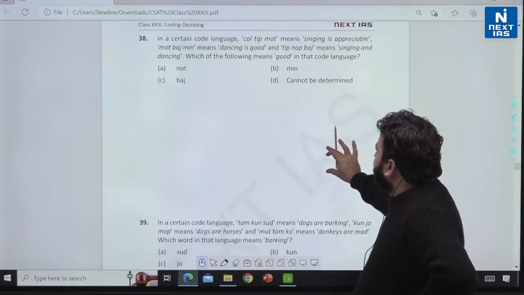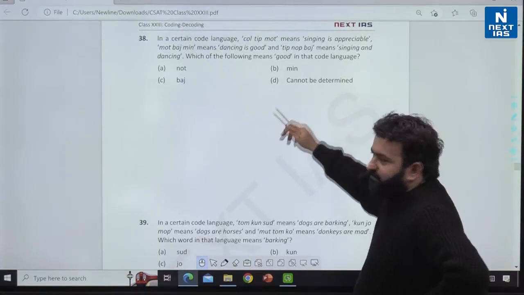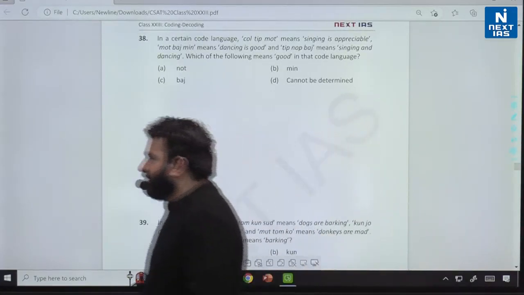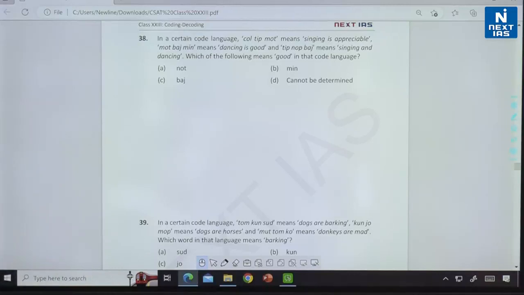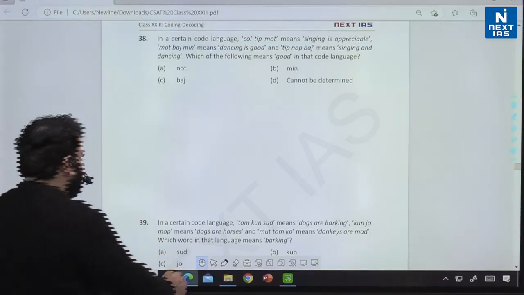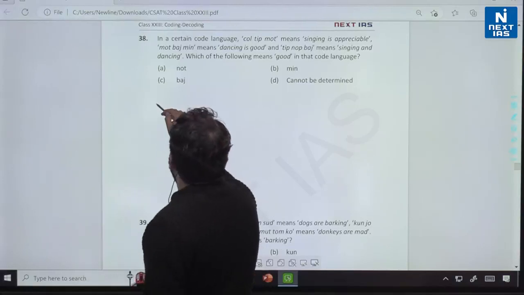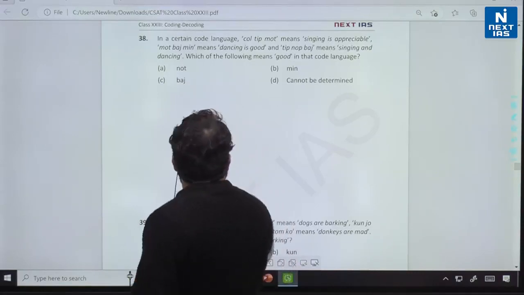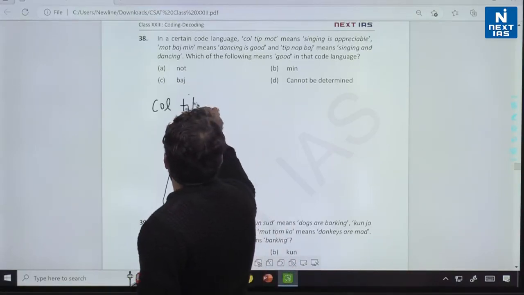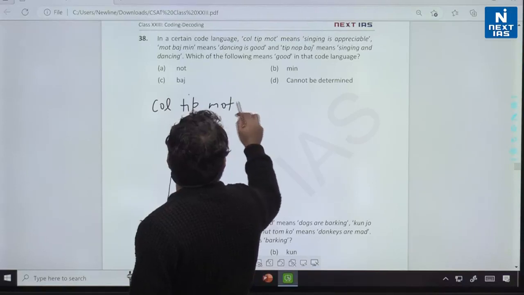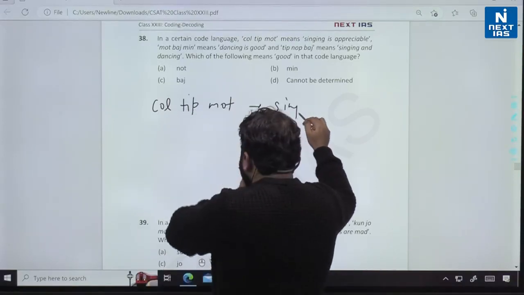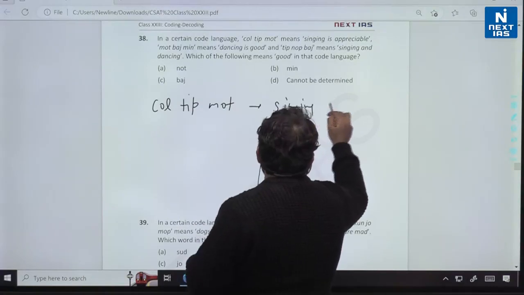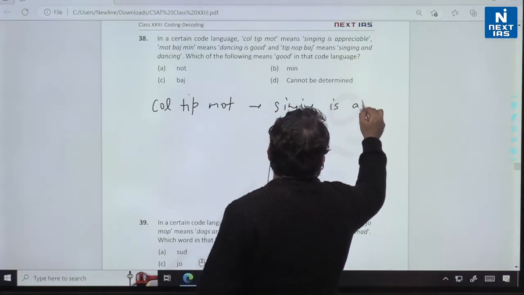Now all of you here, just try question number 38 fast. Now all of you remember here. In this case, what we have to do, you have to just look. Cold tip mot means singing is appreciable.